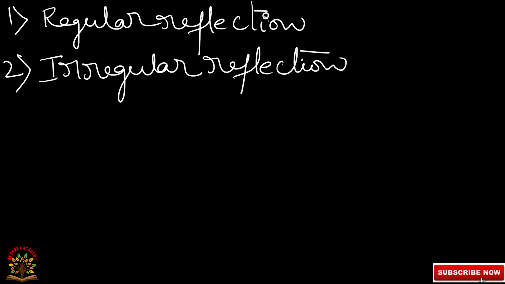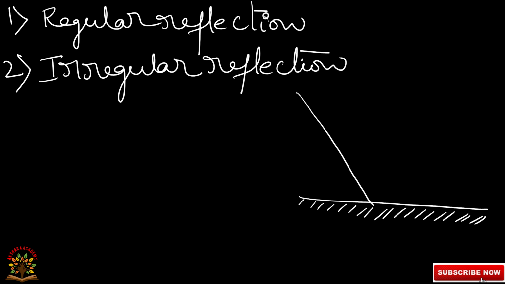Now suppose we are taking a plane mirror. This is a reflecting surface. This is a silvered part. Now we are taking light ray or incident rays.